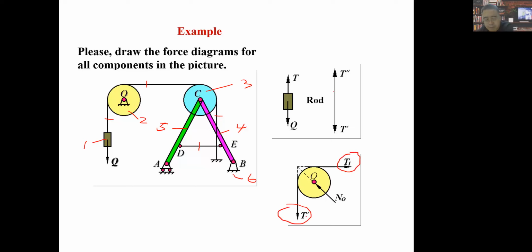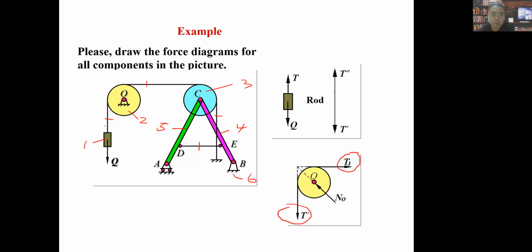Actually, from the action and reaction point of view, you should know this T prime should equal T. That means T prime here and T here is also a pair of action and reaction forces. So you can think like this.